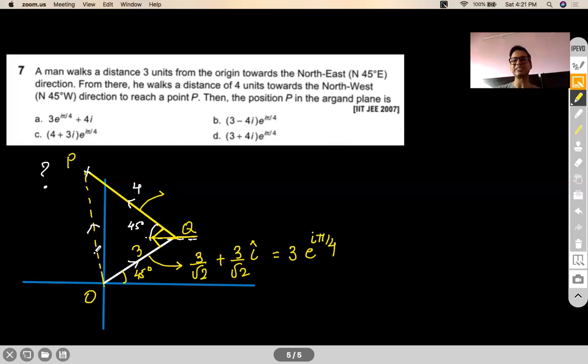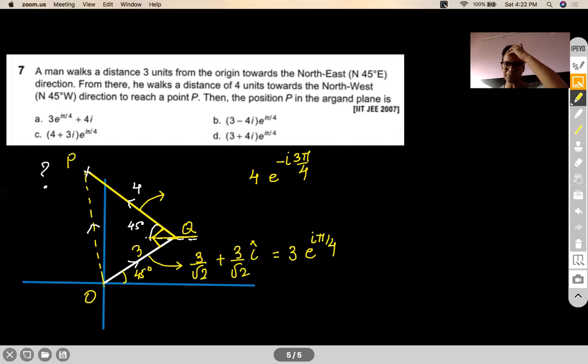Now what about this complex number? It has a modulus of 4. And what about the argument? Here the argument that you are going to write is 135 degrees. So this is your e to the power i 3 pi by 4.